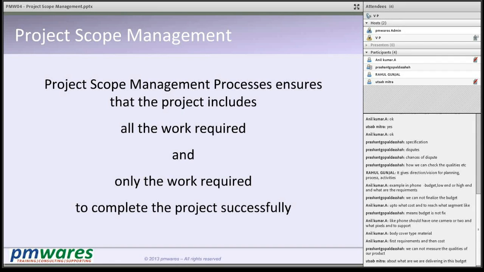Why do you want to achieve objectives? Because you want to address the business case, that is a business need. If you do not know the business need, you will not be able to define proper objectives. If you are not able to define the proper objectives, you will not be able to define the proper scope. And if you cannot define the proper scope, the satisfaction of the client is difficult to achieve.